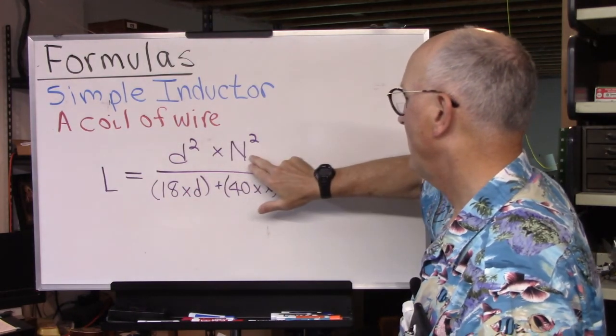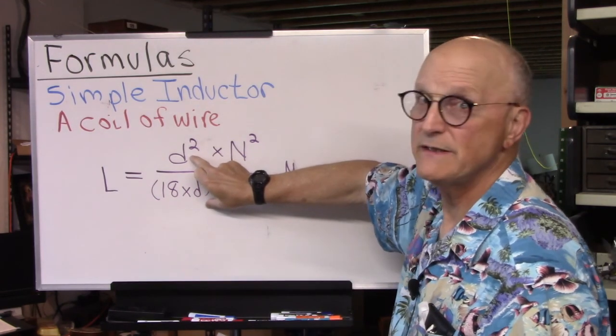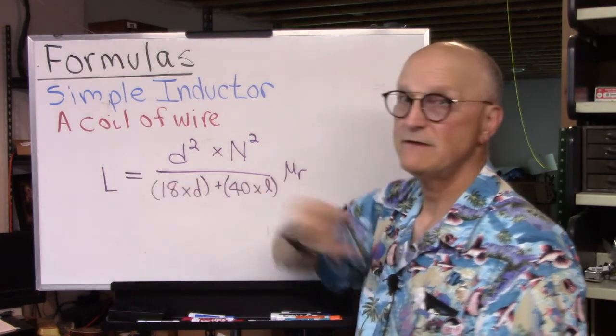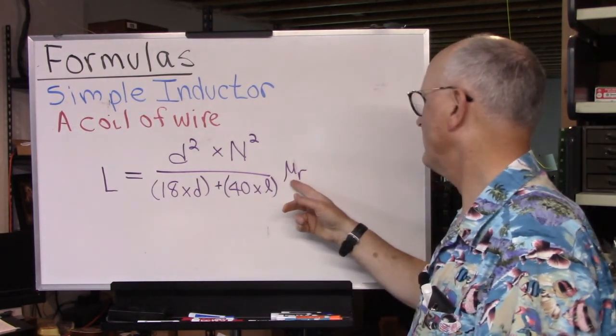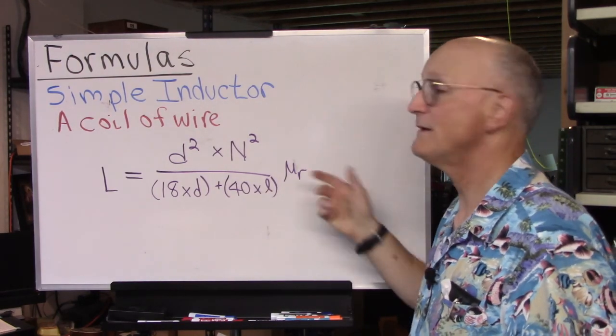So if we keep those the same and only increase the diameter, then the inductance increases. Notice here, the higher the core permeability, the higher the inductance.